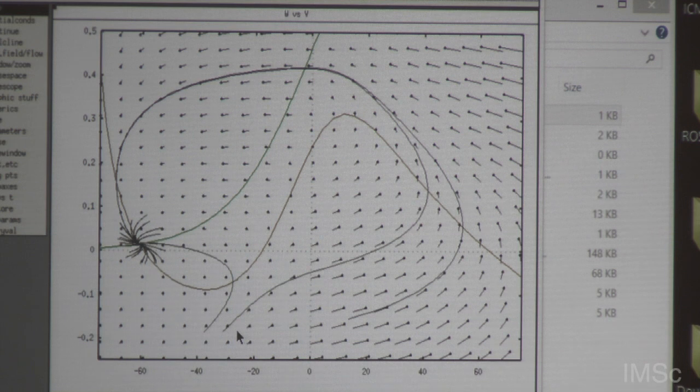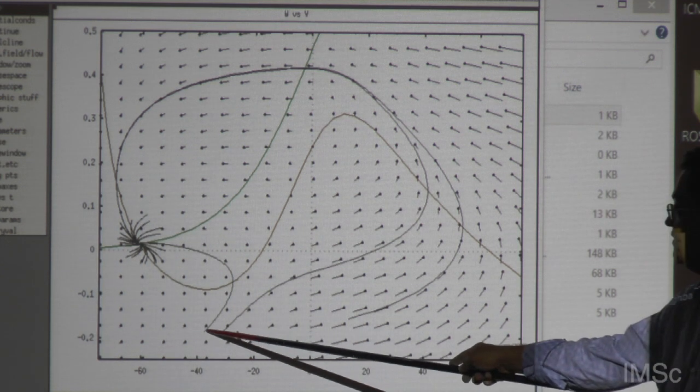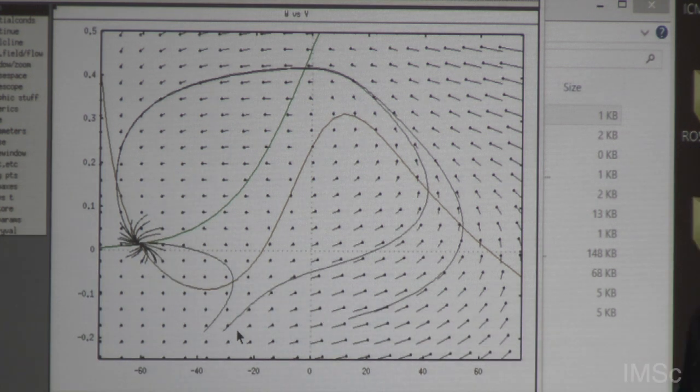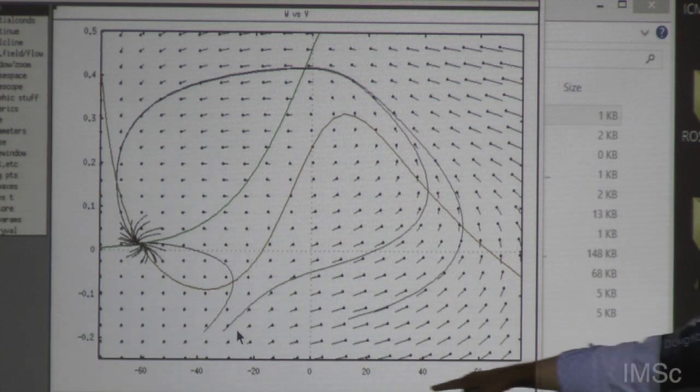What do you think the voltage would look like if you looked at a voltage versus time graph? What do you think the voltage would look like over here? Now guess it, imagine in your heads what it would look like. For this trajectory over here, you would find the voltage starting at minus 40.